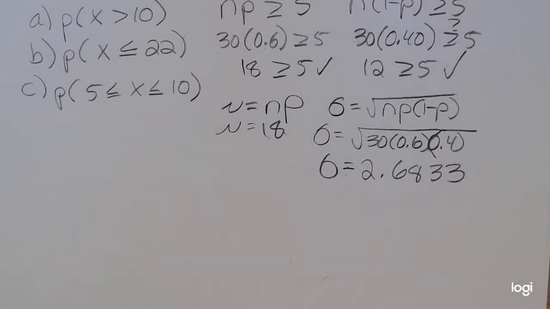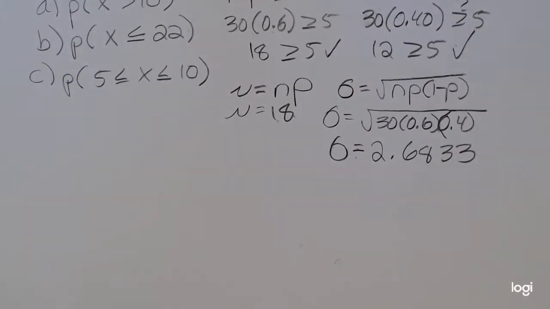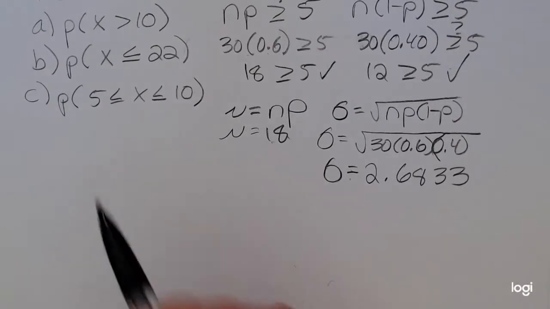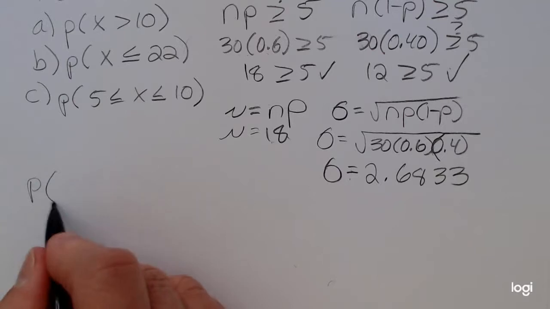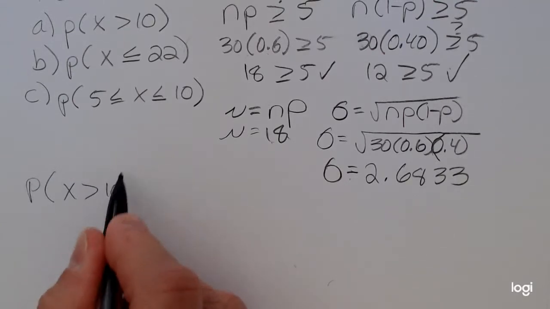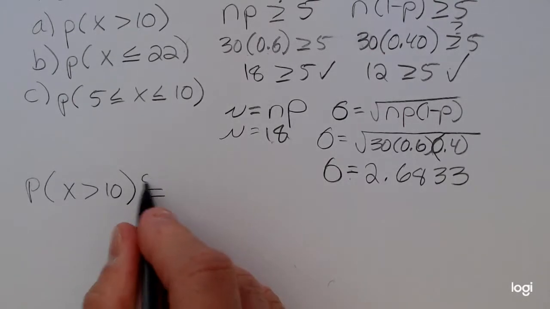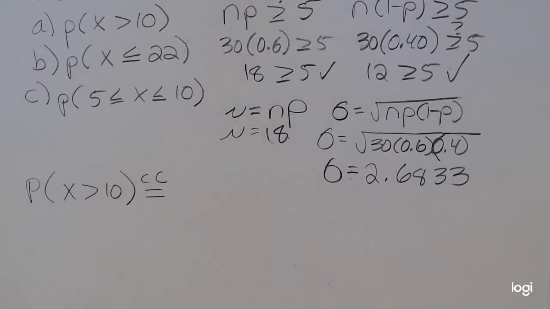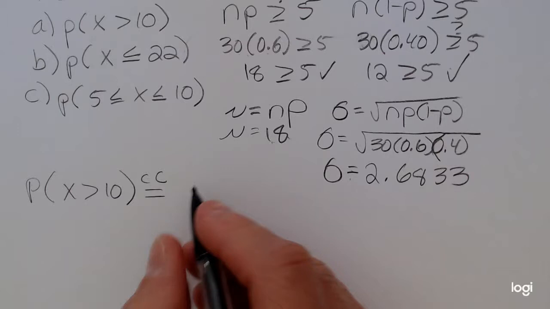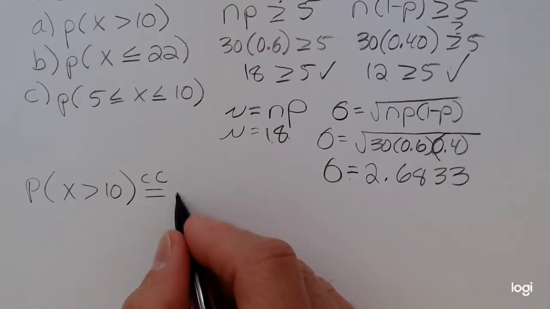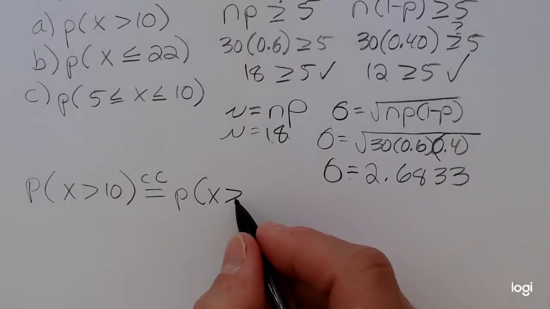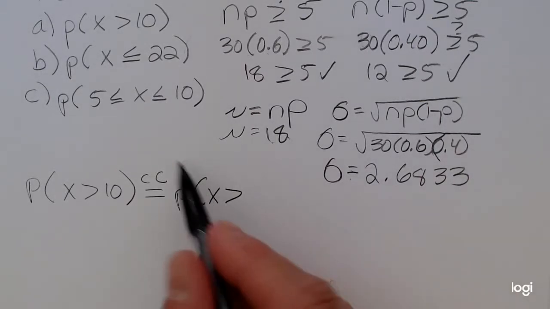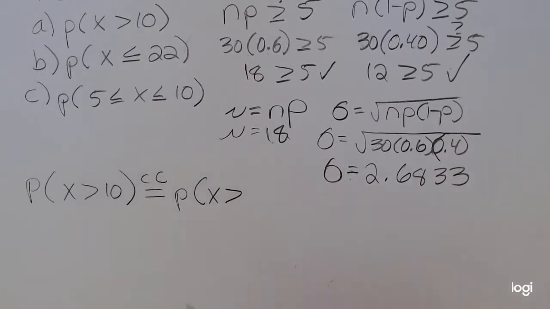So going back to part A, finding the probability that x is greater than 10, I have to apply the continuity correction and recognize the fact that I am not including the 10. So I'm going to be adding 0.5 to that. If you need a review, my previous example I just did examples of applying the continuity correction.